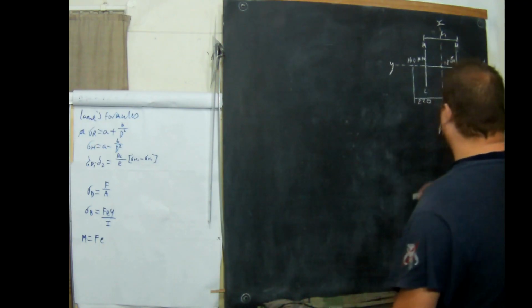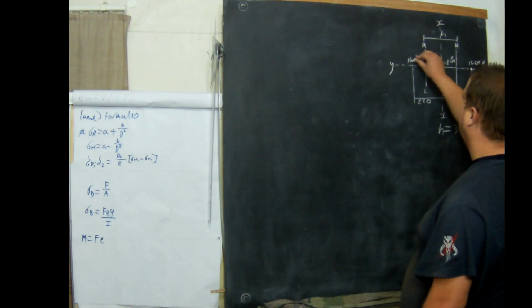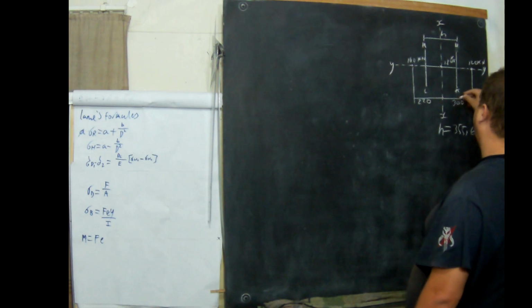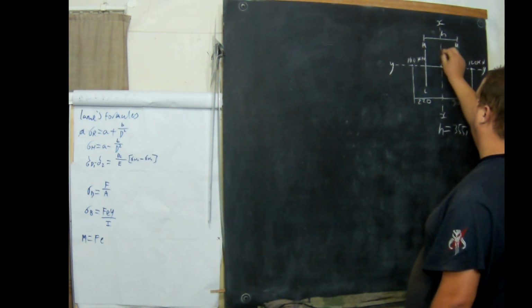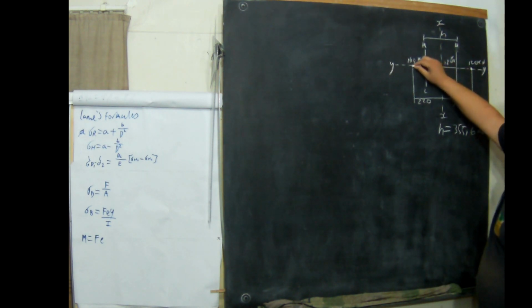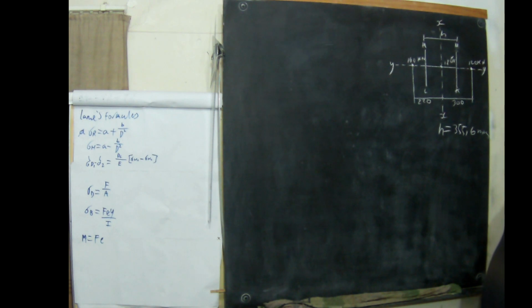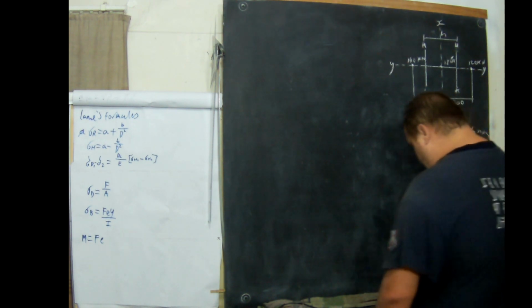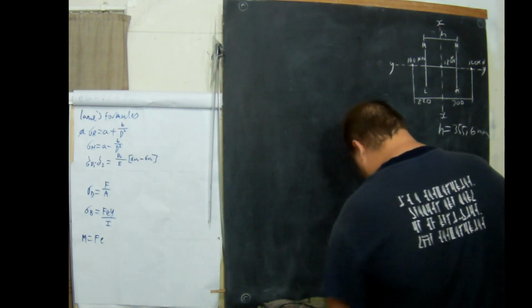Now these are loaded very differently. This is 160, so 220 from the center, and 300 from the center is 120, and so forth. So this is how it's loaded. Okay, H so far we needed our table for.